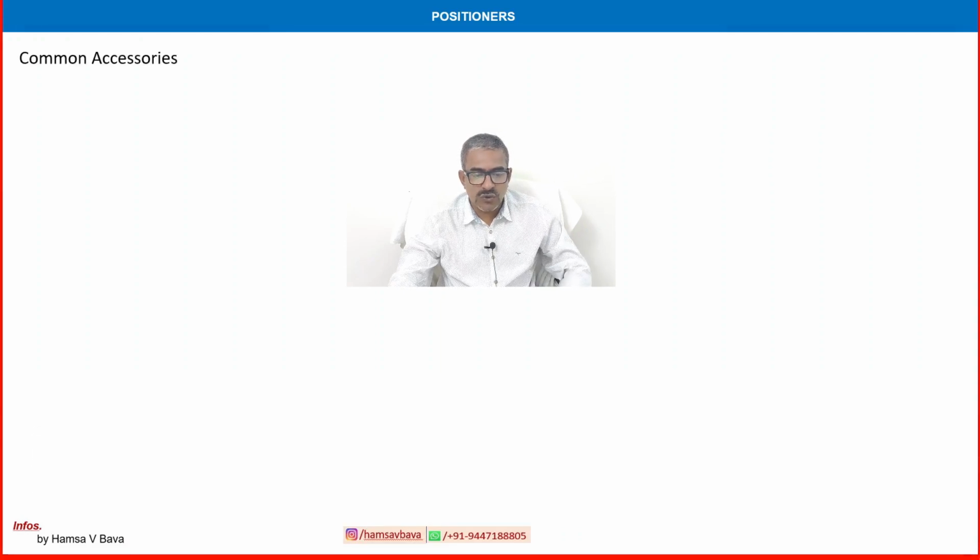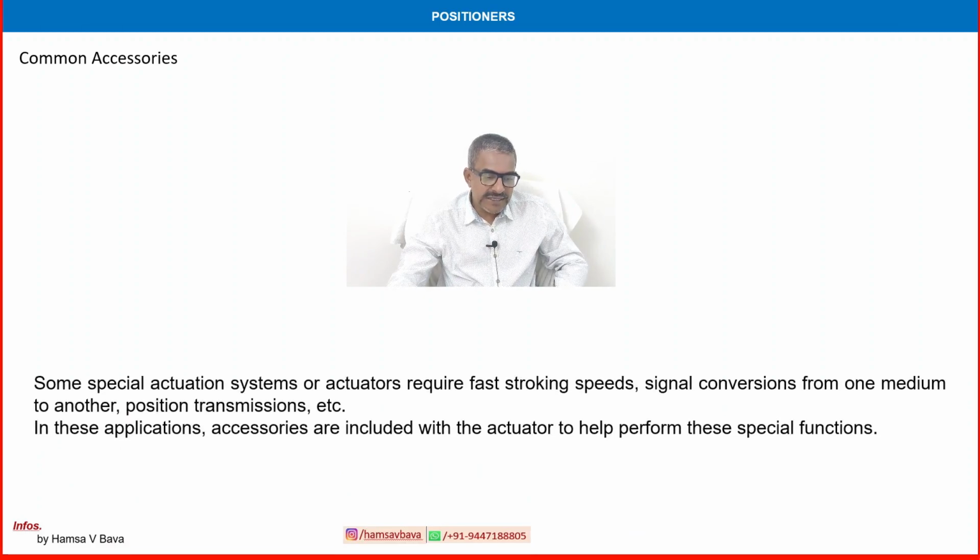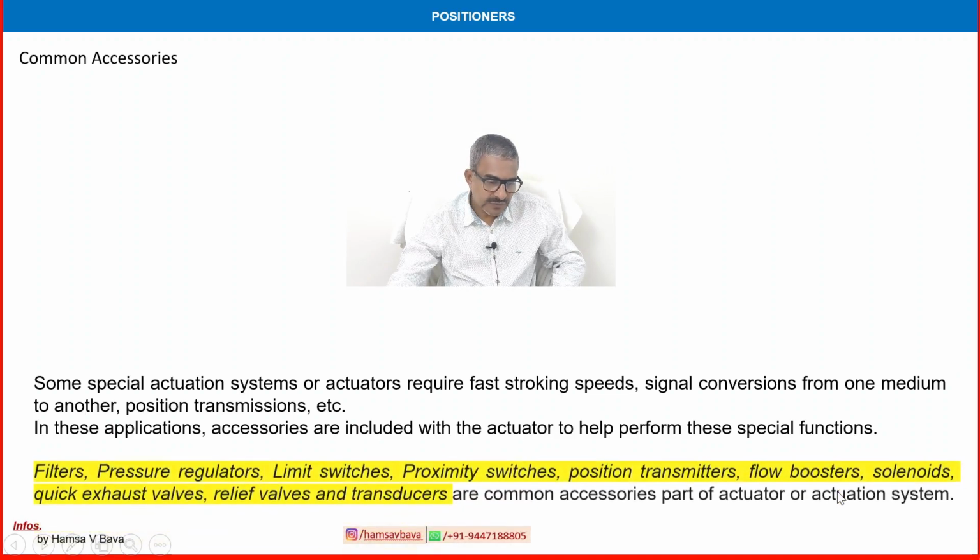We also have to explain common accessories that are part of the actuation system. Let us see them one by one. Some special actuation systems or actuators require fast stroking speed, signal conversion from one medium to another, position transmission, etc. In these applications, accessories are included with the actuator to help perform these special functions.